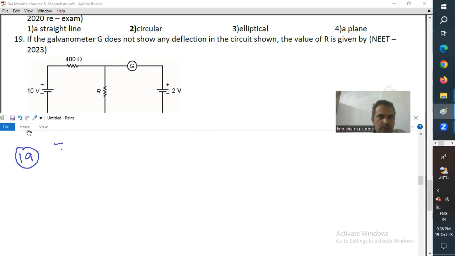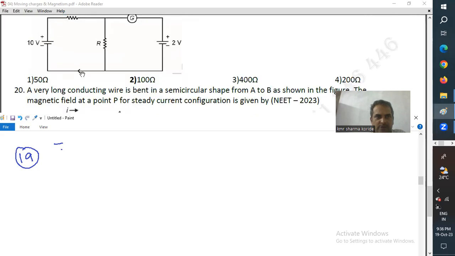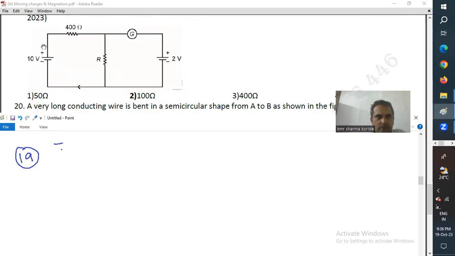If the galvanometer G does not show any deflection in the circuit shown, we need to find out the value of R. So first let us find the current when the galvanometer shows no deflection.